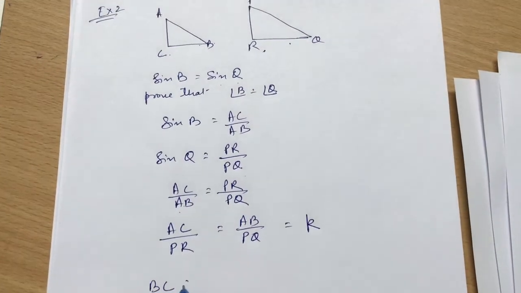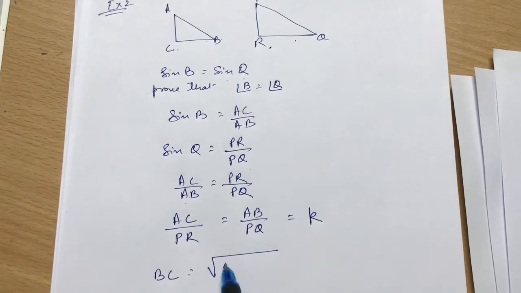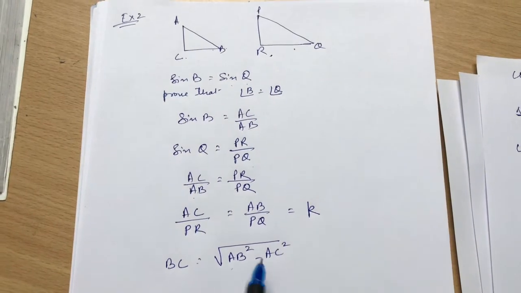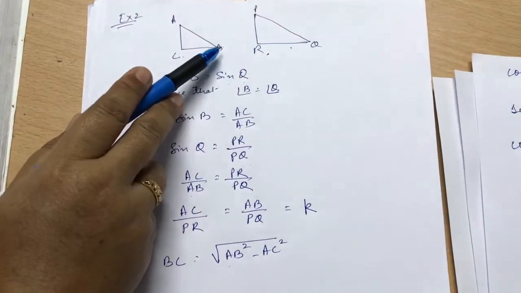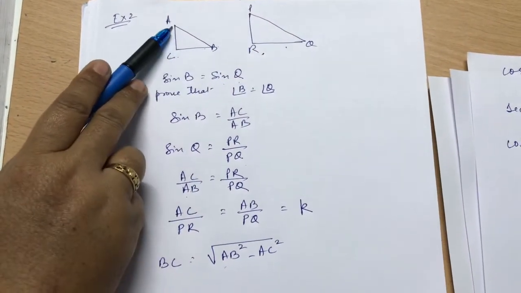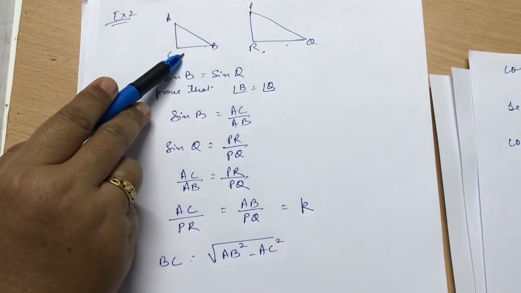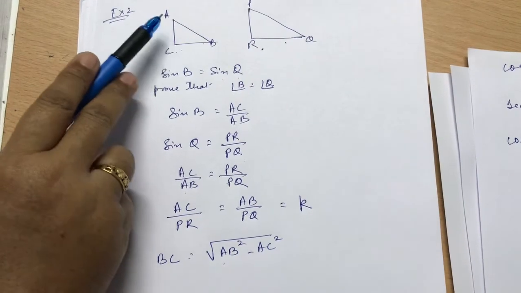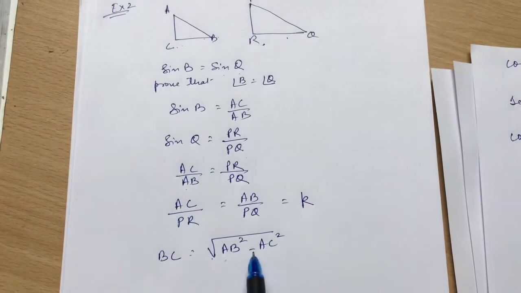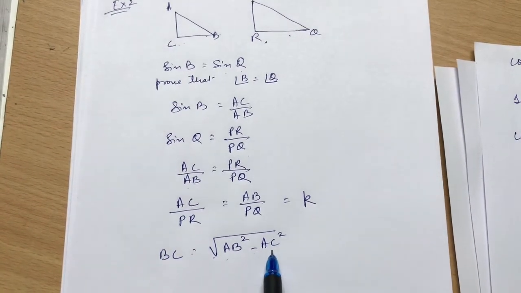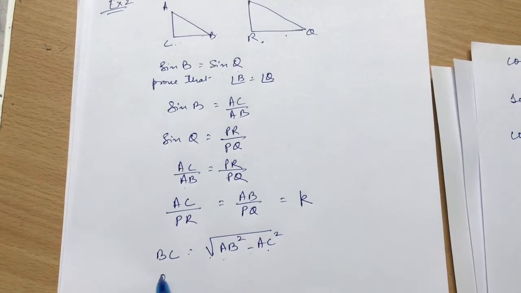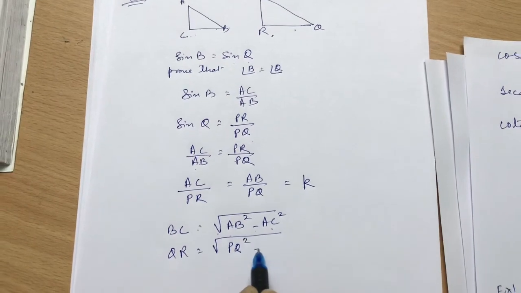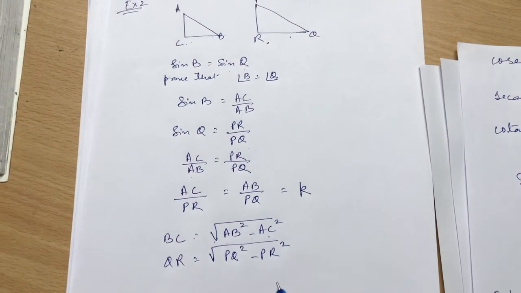Now BC can be written as root over of AB square minus AC square. Why? Because AB square is equal to BC square plus AC square. So BC square is equal to AB square minus AC square. Similarly, QR, I can write it as root over of PQ square minus PR square.